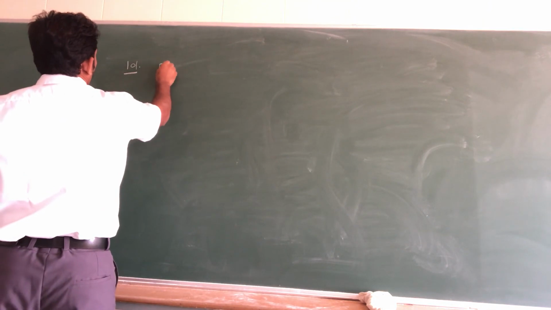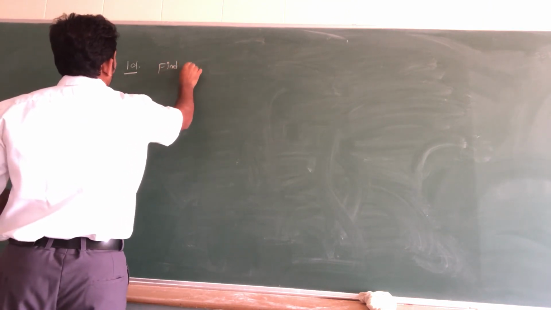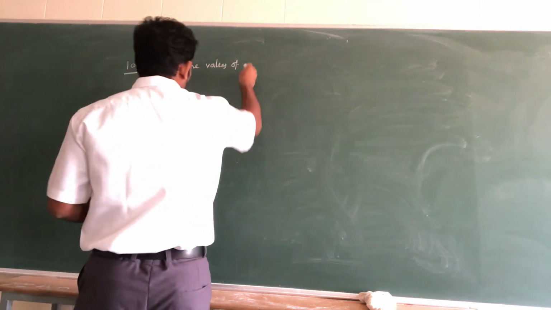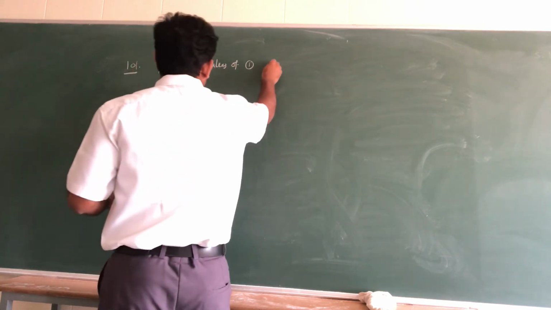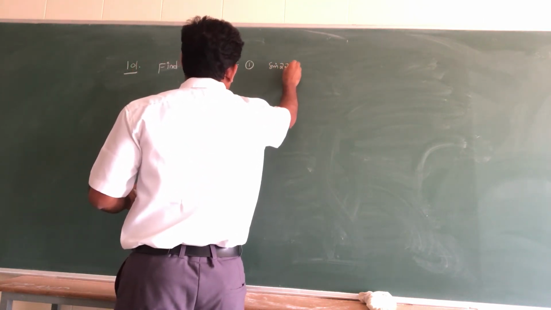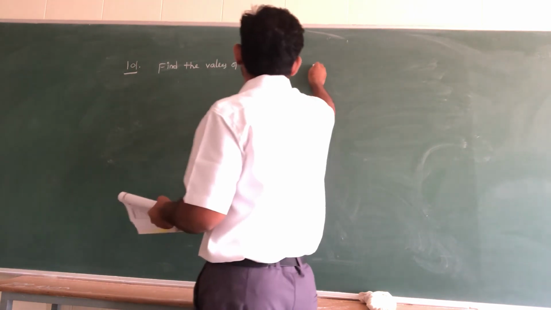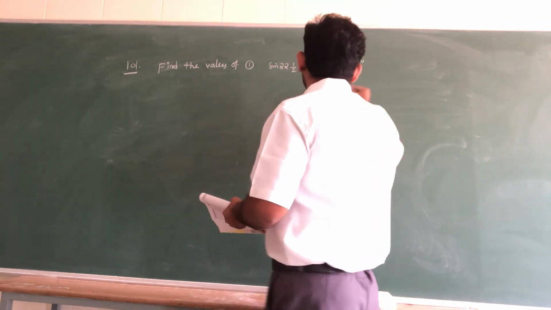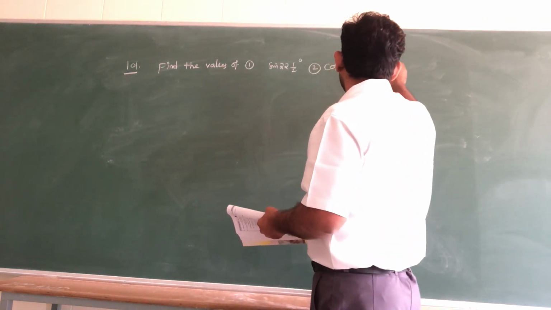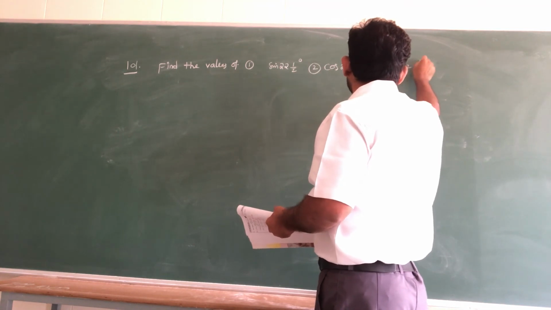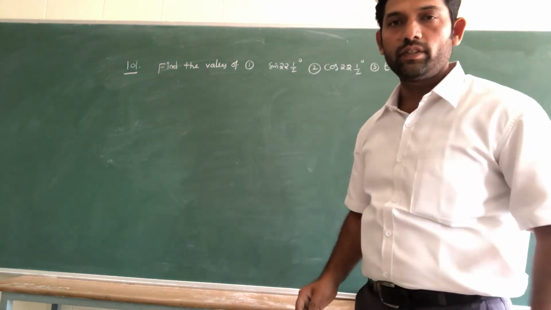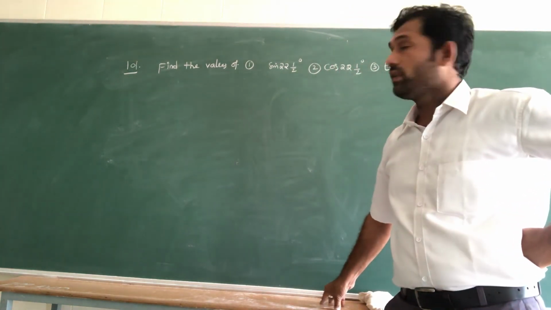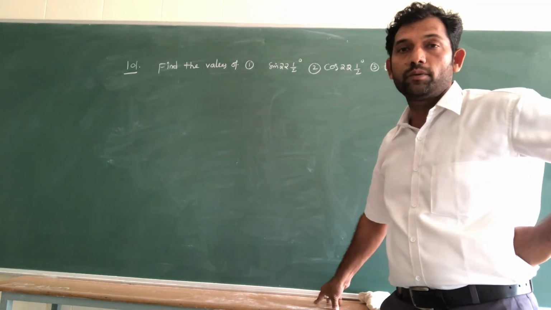Find the values of: first one, sin 22.5 degrees; second one, cos 22.5 degrees; next, third one, tan 22.5 degrees. So using the above formulas we can calculate sin 22.5, cos 22.5, tan 22.5.